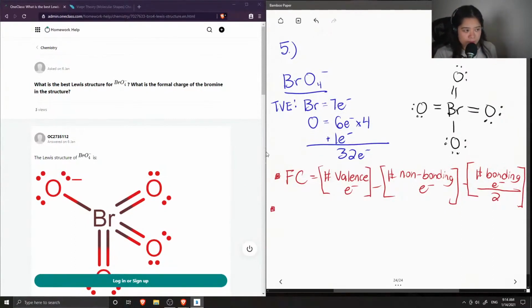Okay, so first we're going to calculate the formal charge of bromine. So this was asked in the question, so let's just find out what its formal charge is.